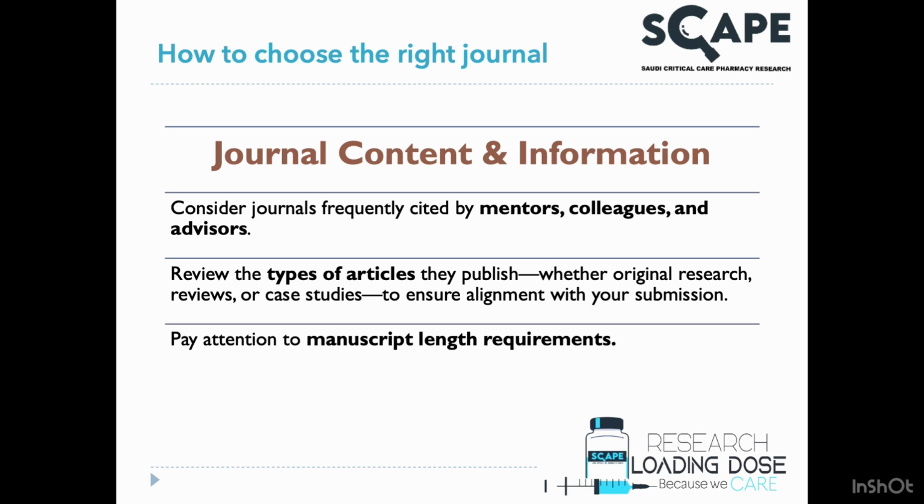Review the type of articles they publish, whether original research, reviews, or case studies. Some journals accept just original research, some only review articles, and some only RCTs. For that, we need to choose the right journal according to our research type.